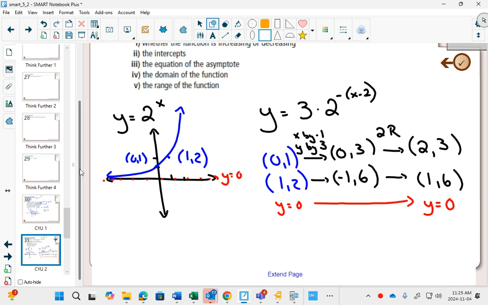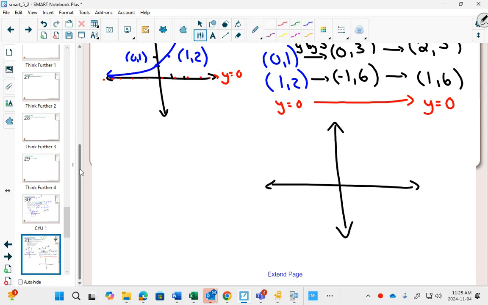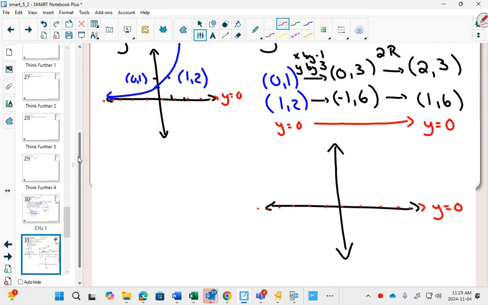We can now graph this, and I always suggest drawing your graph new and separate from the first one, because with asymptotes, if you try to draw them on the same one, it just gets too busy. So we have y equals 0. We're going to have the point 1, 6, and 2, 3.